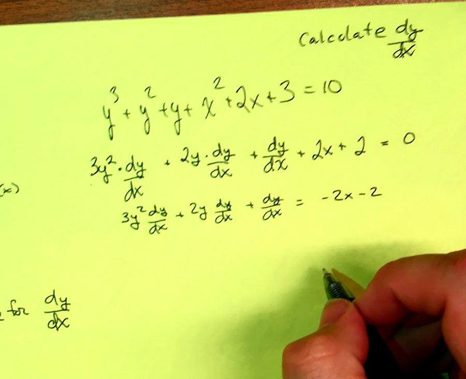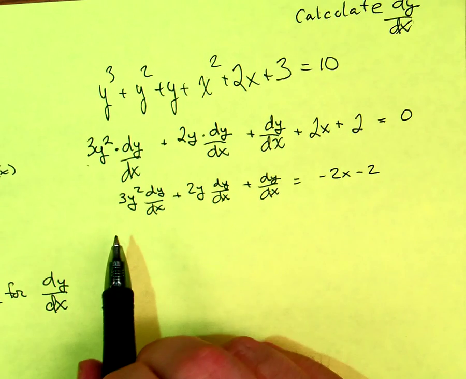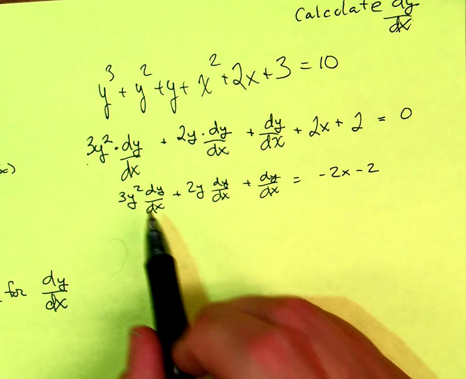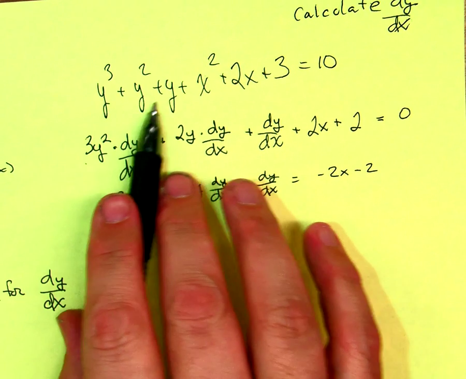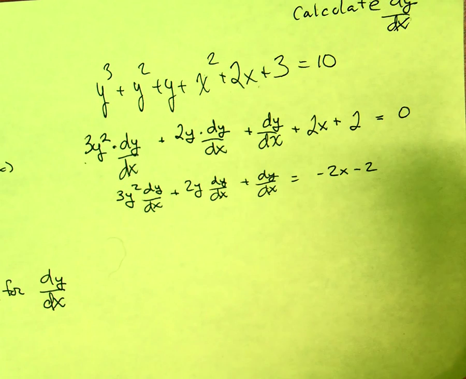Now, if I want to solve this, all I did was take a derivative of each term, which was just a power rule, with a little bit of a chain rule when it was y and not an x.